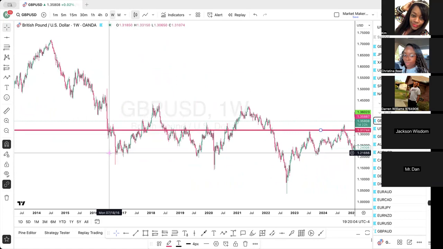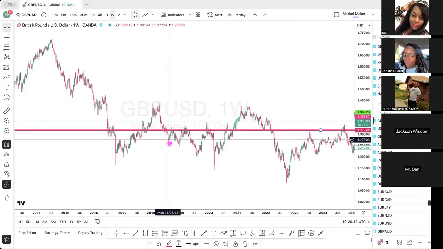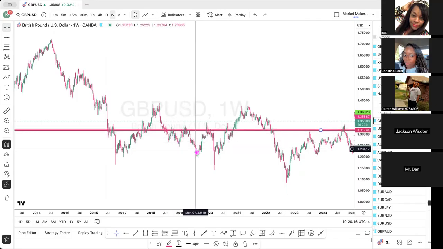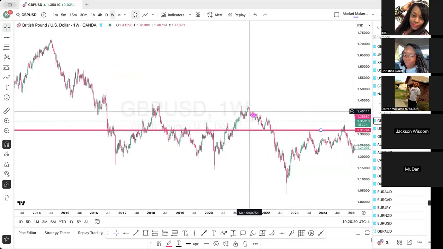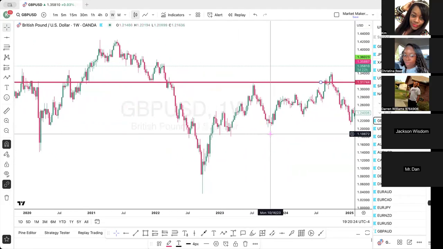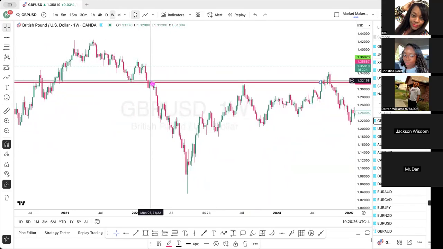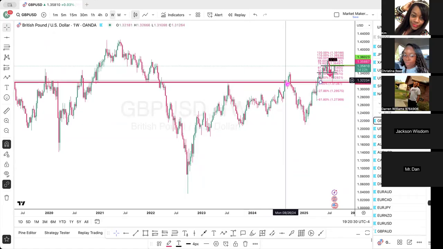Let's just say ever since 2016, okay? Always been a level of support. Come out, stop, go through, pull back, pull back. This broke through, this stopped here, stopped, pulled back to, it pulled back, it pulled back.